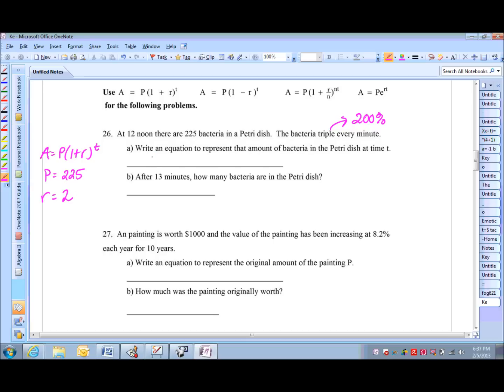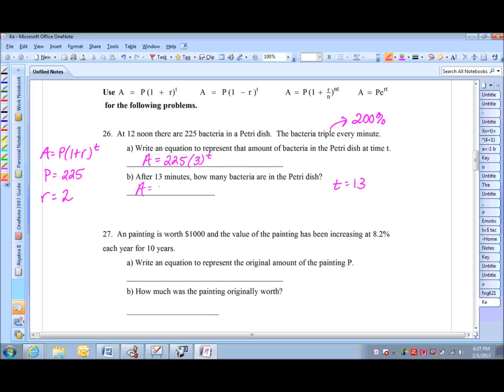And the way we're going to write our formula or equation is A equals 225 times 1 plus R, which is 1 plus 2, is 3, raised to the T. And it's asking us after 13 minutes how many bacteria are in the petri dish. So our T value in this case is 13.